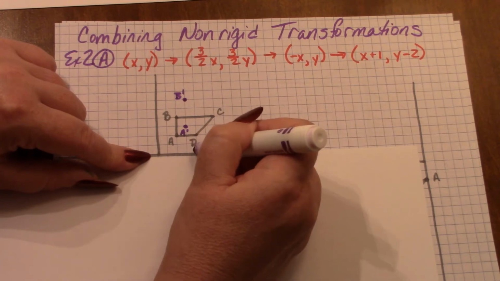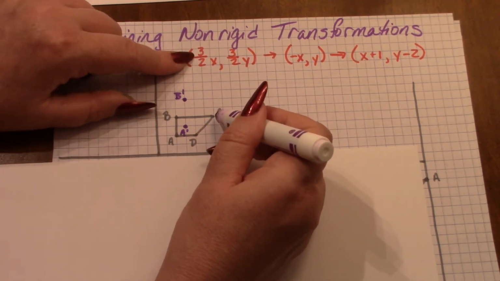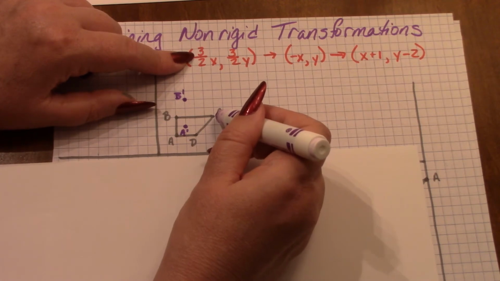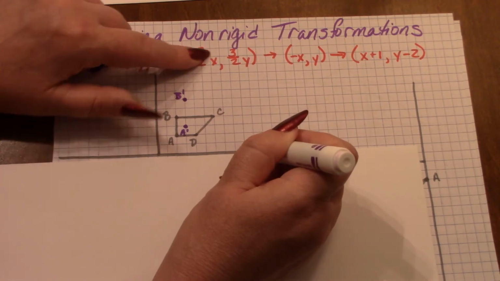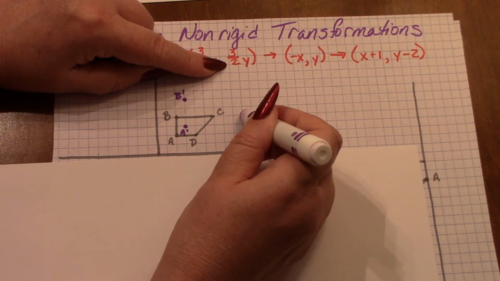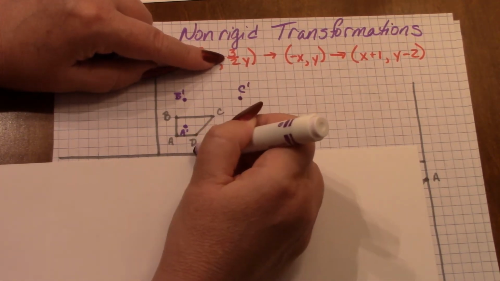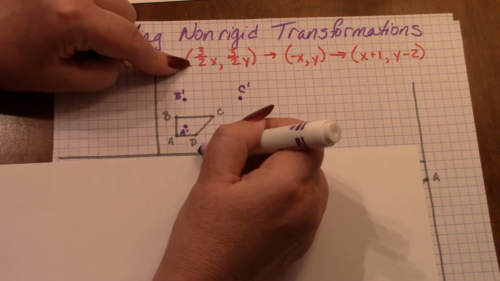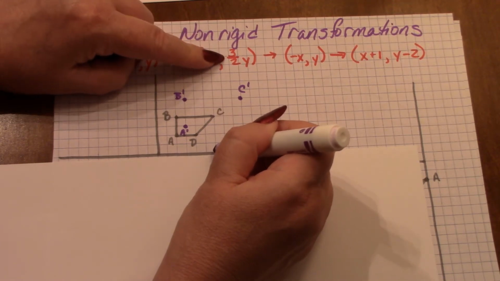C is 6, 4. So 6 is really 9, and 4 is really 6. So this is C prime. And D is 4, which is really 6, and 2, which is really 3.